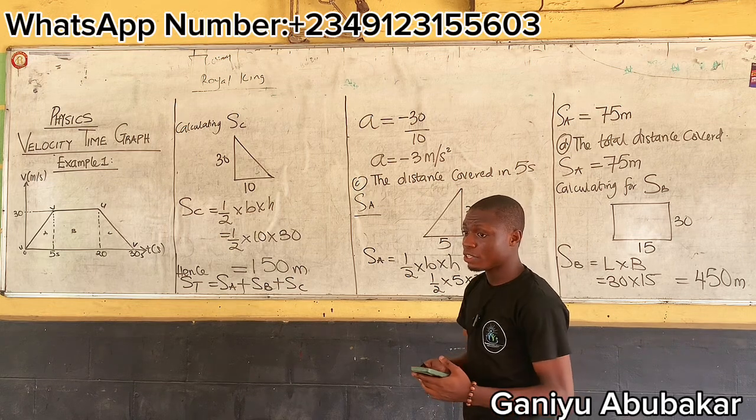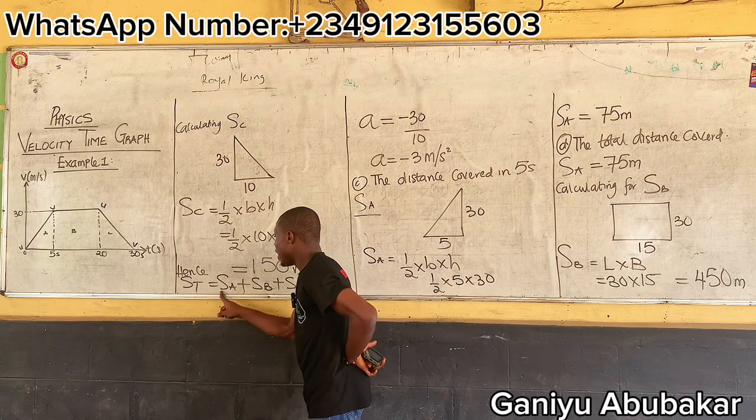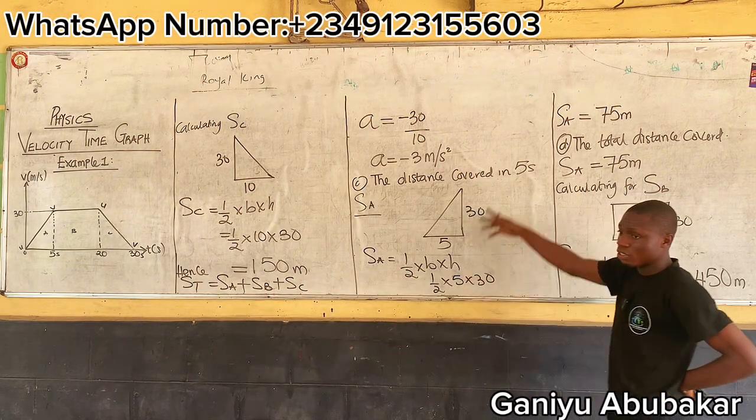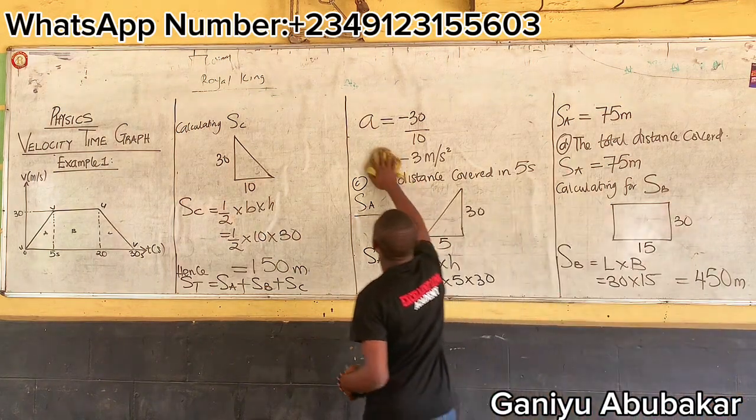So the total distance becomes SA plus SB plus SC. Let me just clean it up and put my answer there.